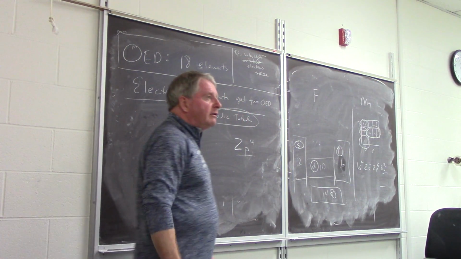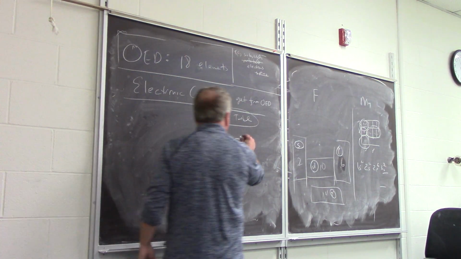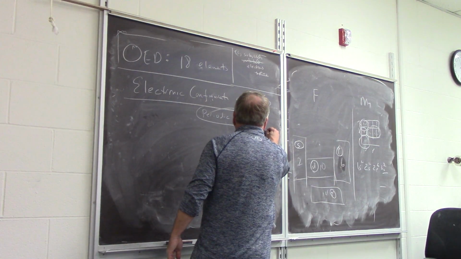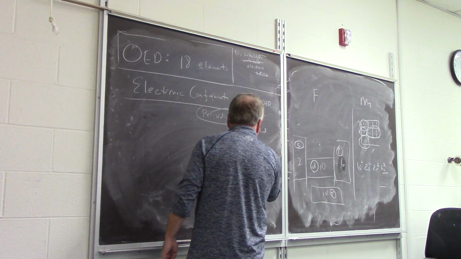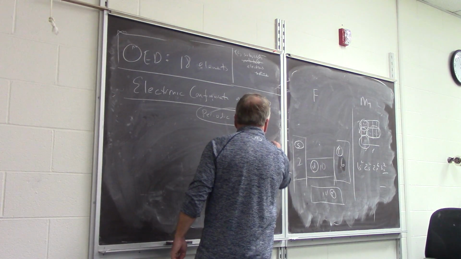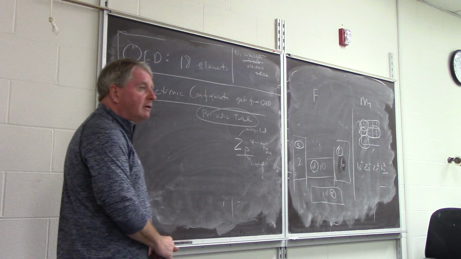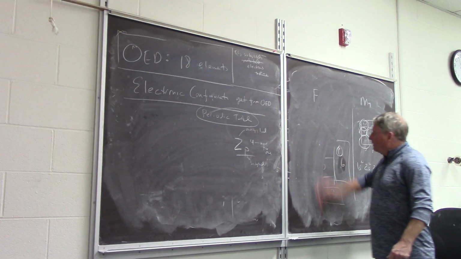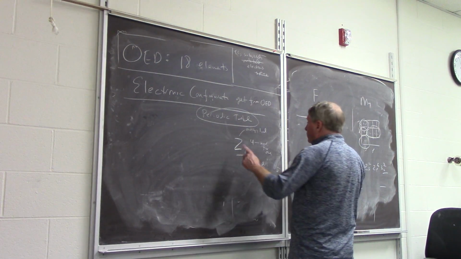So what you do is you write down the address. You write down the energy level, you write down the subshell, and then how far it's over. Okay, so there's more to this.